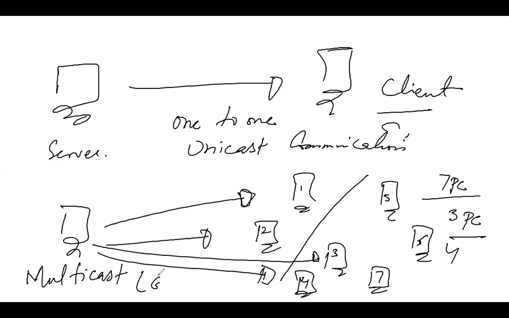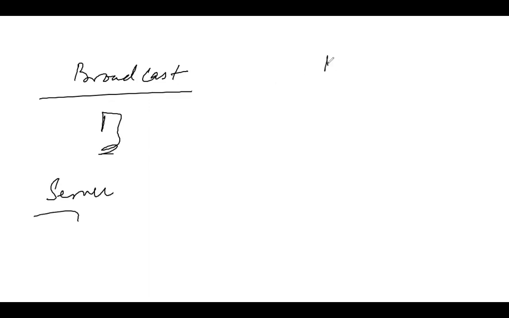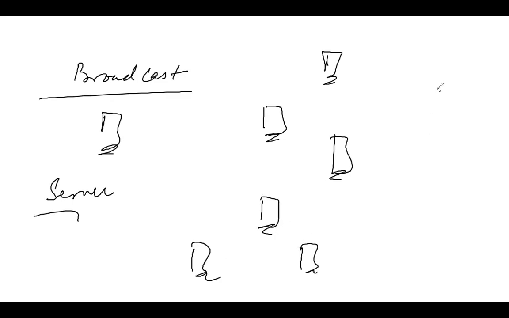Multicast is where you send data to a group of people, to a group of users. The next one over here is the broadcast communication. There is a server and these are the clients, and the server is sending it to everyone.